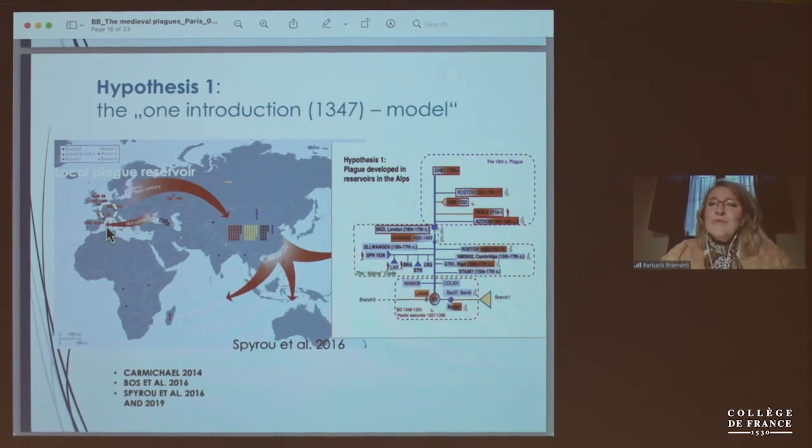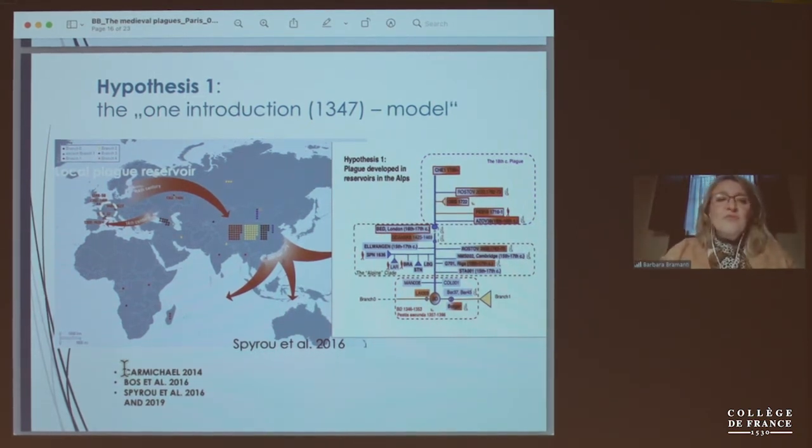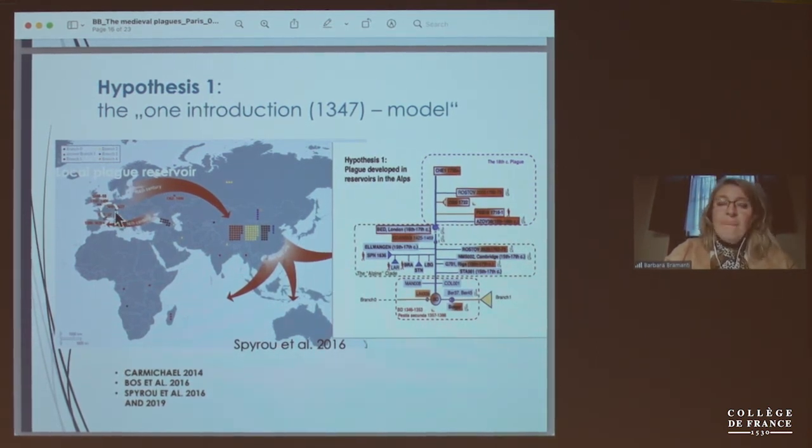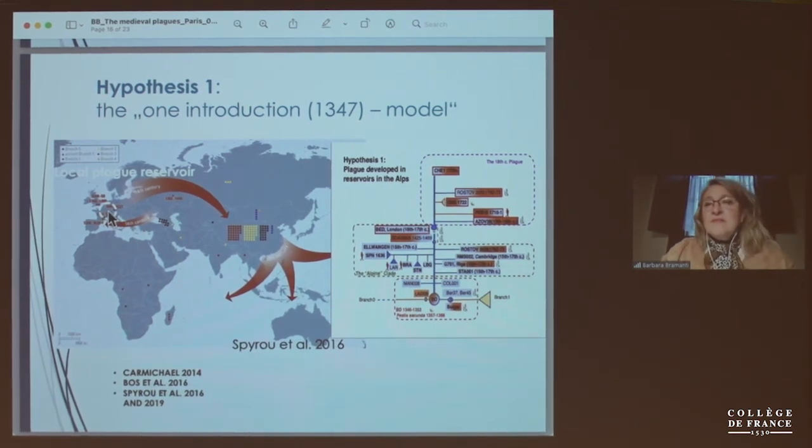It was proposed by Anna Carmichael, but it was a hypothesis published some years before, that a local reservoir could have been on the Alps, and to be more correct, on the French side of the Alps. There are also other suggestions, for instance, that the local reservoir was in Germany. Then, after this idea, plague was later reintroduced to China to give rise to the third pandemic.